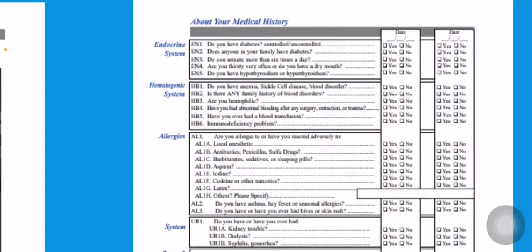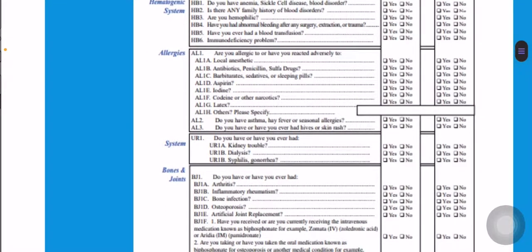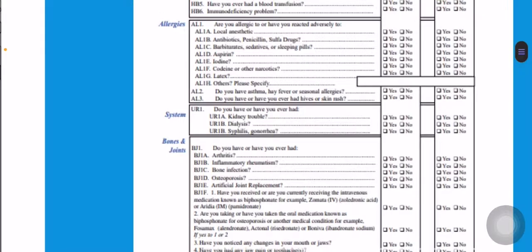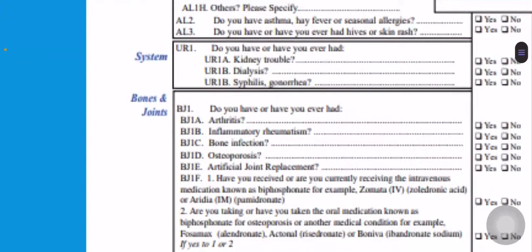The hematogenic system also: any anemias or sickle cell anemias, any problem with the platelets or immunodeficiency diseases. Allergies, if he has any allergies to certain drugs that can also affect our treatment procedures. Any kidney diseases, and if he has a kidney disease, does he go on dialysis?